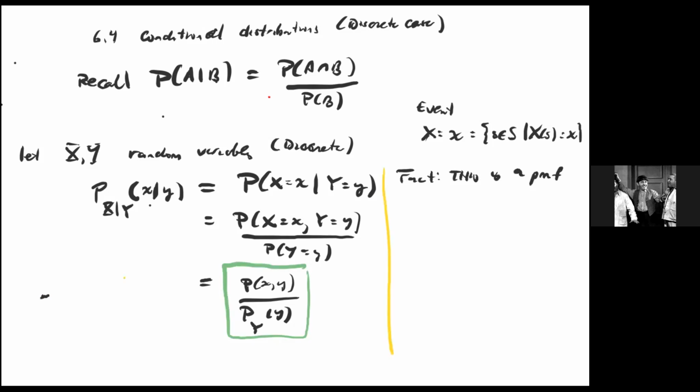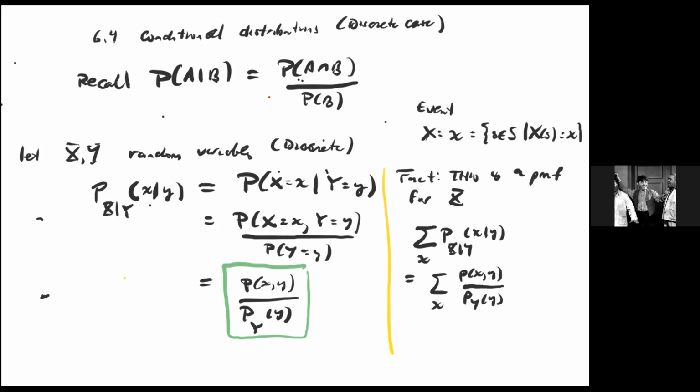What do I mean by that? This is a probability mass function for the x variable. So we can sum up over all x's, p sub X conditional to Y of lowercase x conditional to y. And by definition, the definition in the green box, it's the sum of p_XY, where y is held fixed, over p sub Y of y, and we're summing up over all x's.